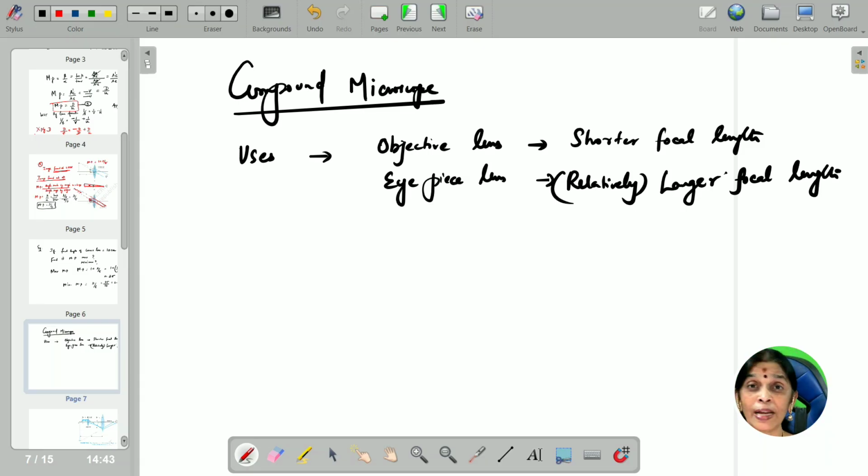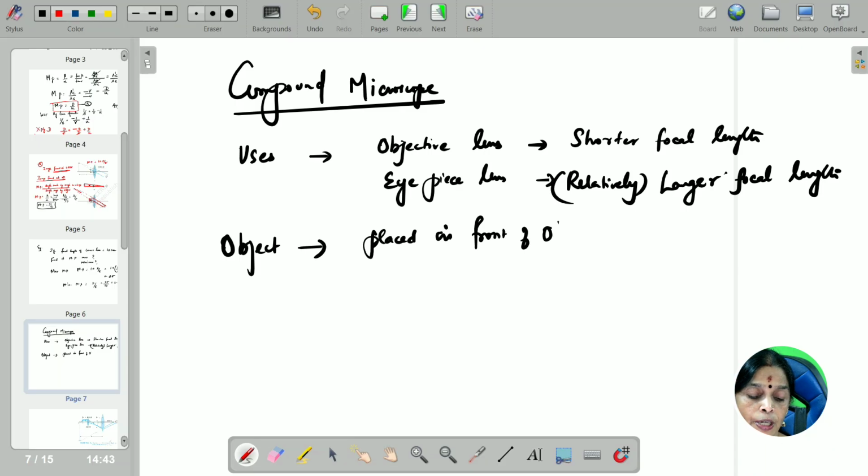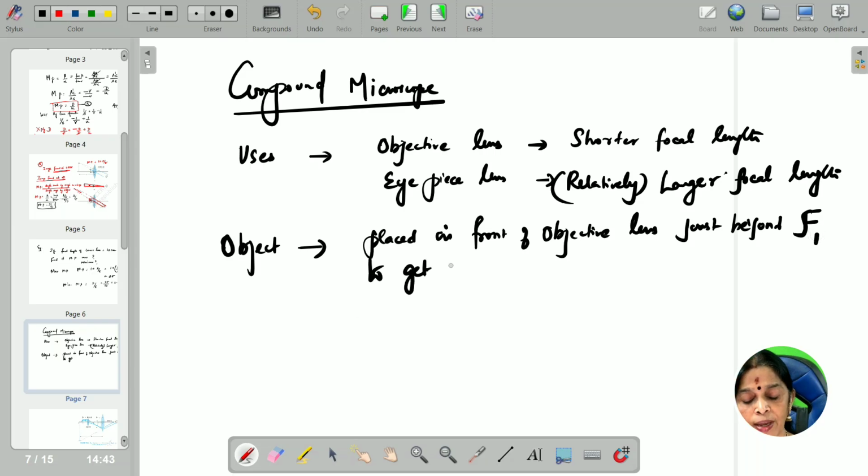Where am I going to place the object? The object is placed in front of the objective lens, just beyond f1, the first focal point, to get a real, inverted, enlarged image.